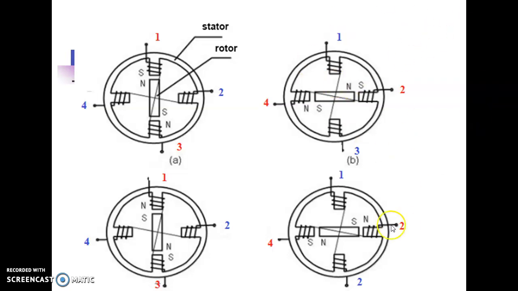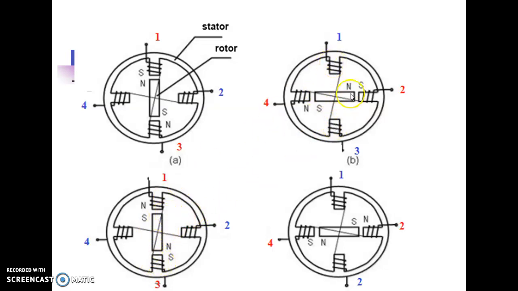Again, in the next step we energize in a different way. This was the second step and this is the third step. Again 1 and 3 are energized and 2 and 4 are switched off. Now 1 becomes north and 3 becomes south. Again the same principle: the north is attracted towards the south and the south towards the north.